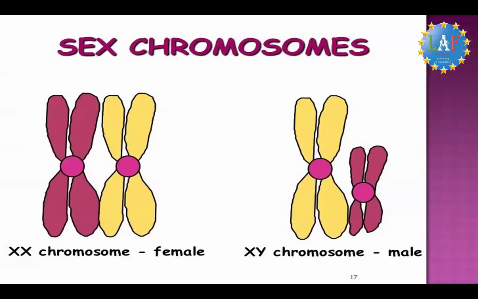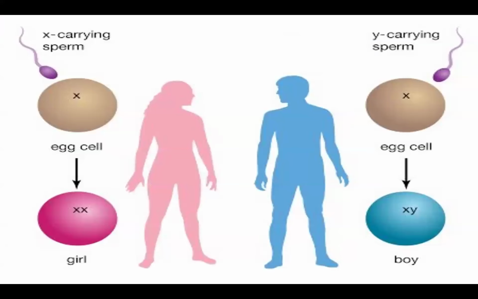So XX means it is female, XY is for male. During fertilization, the mother contributes an X and the father contributes either an X or Y. The genetic diagram shows that there is a 50% chance of having a boy or a girl.